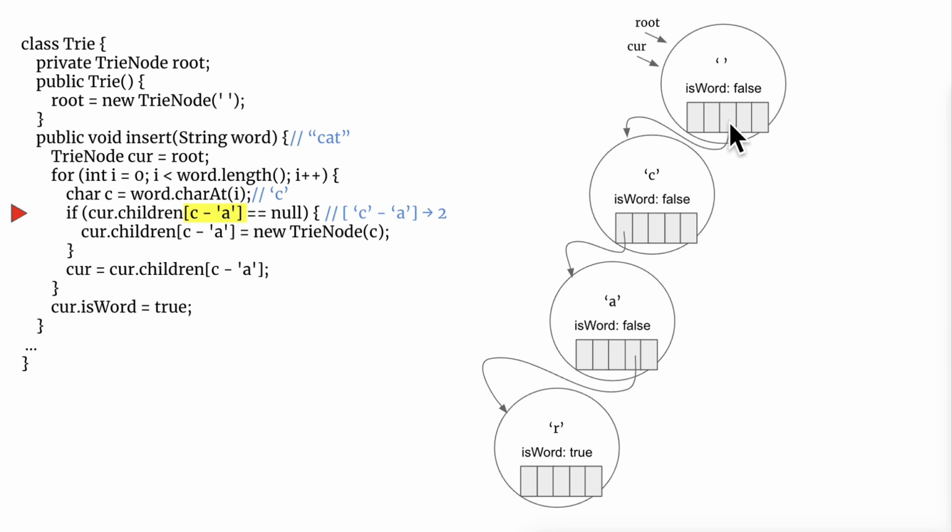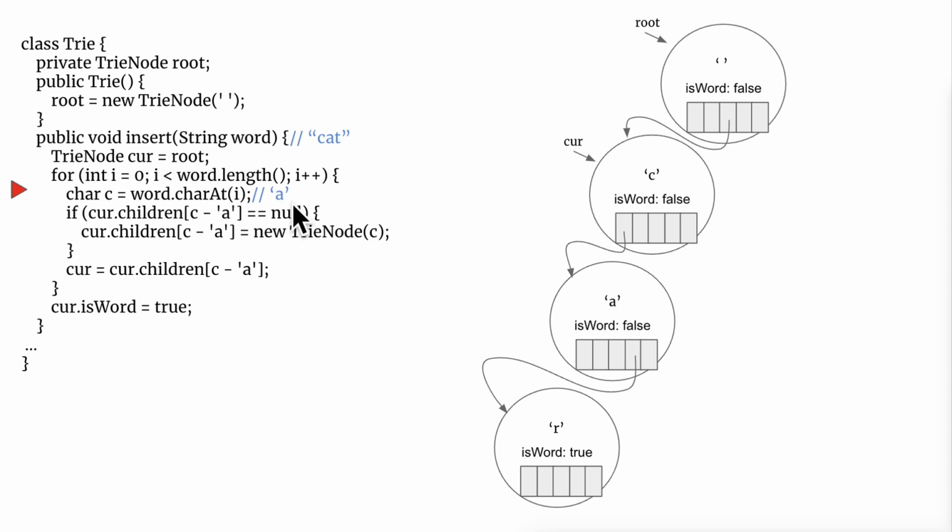It now stores a reference to this character C's trie node. Then we directly move to this statement. We copy this trie node reference address to the pointer cur. So the pointer cur refers to this node as well.